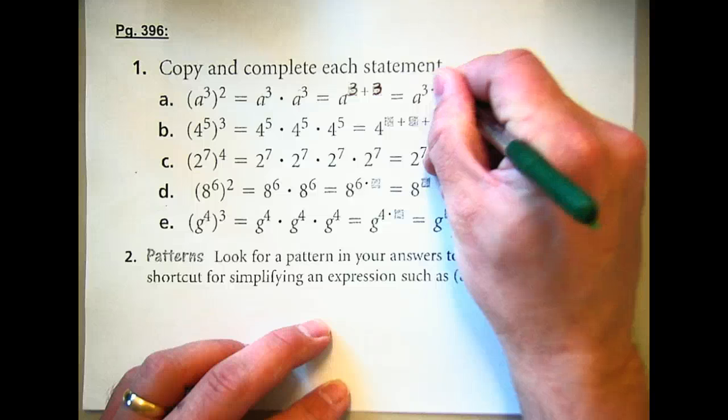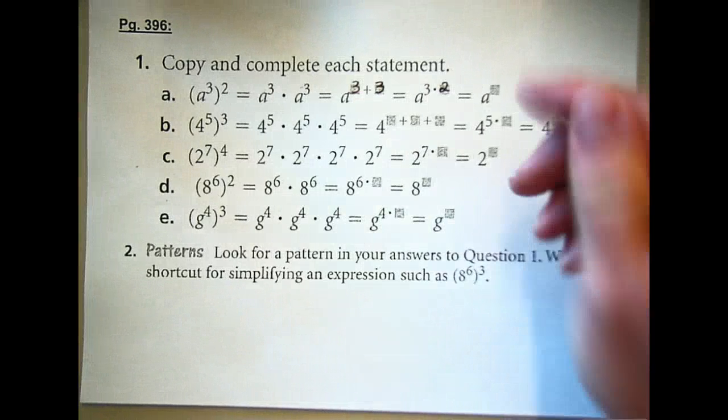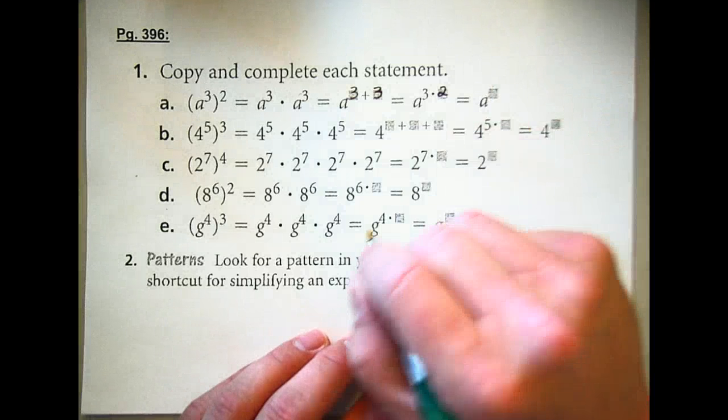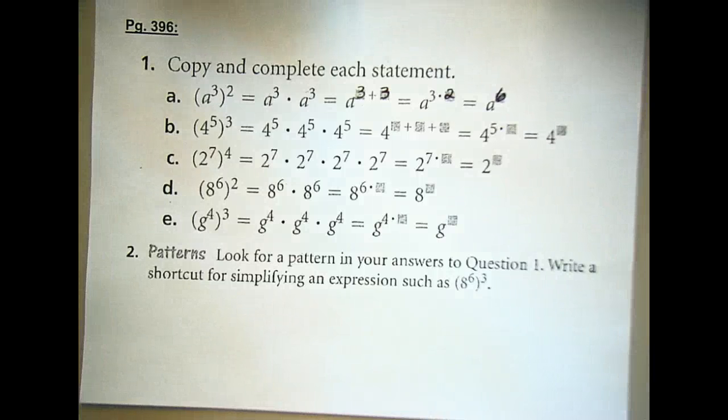And so that gives us what, Austin? 8 to the 6th. All right, well done. Hey, how many got that? Very good.